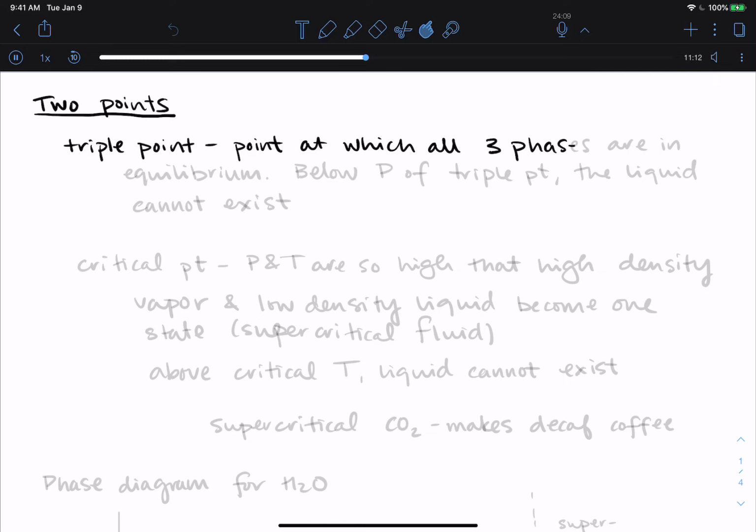So if you had a container that was at the pressure and the temperature of the triple point, you would have solid, liquid, and gas, all of it in equilibrium together. If you go below the pressure of the triple point, the liquid cannot exist.